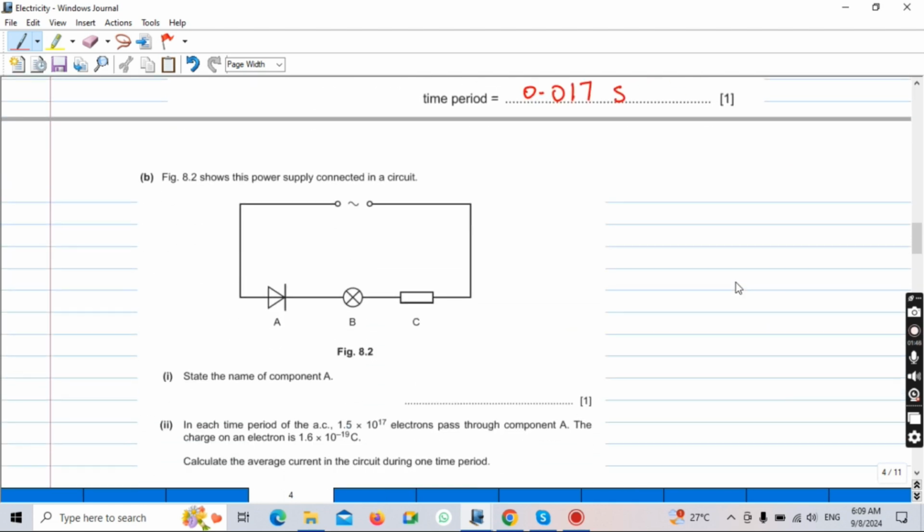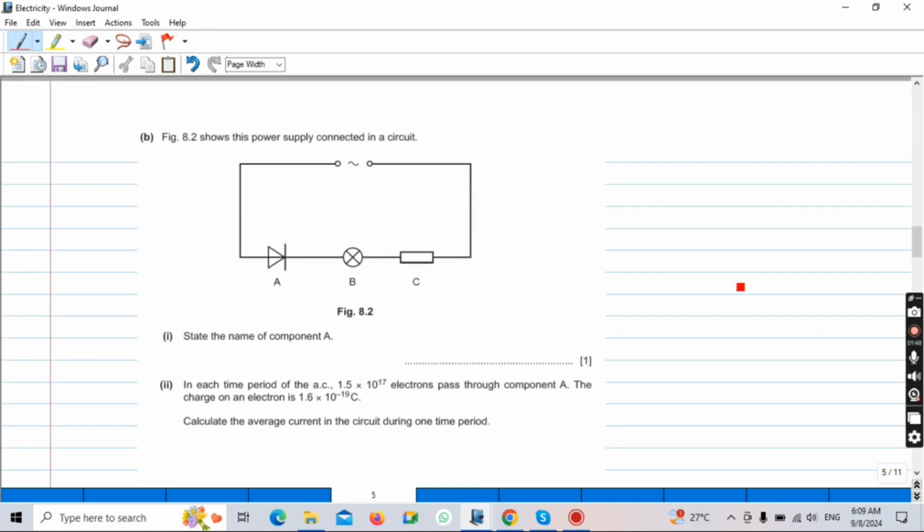Now, figure 8.1 shows this power supply connected in a circuit. So you have this power supply that provides an AC current. It is connected to three different components, A, B, and C. State the name of the component A. You should be very familiar with all the symbols of the electric devices.